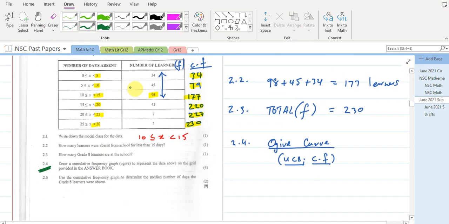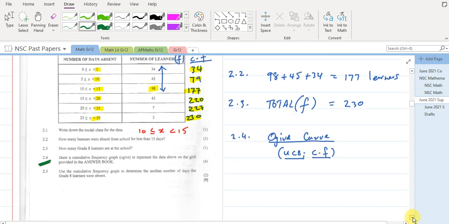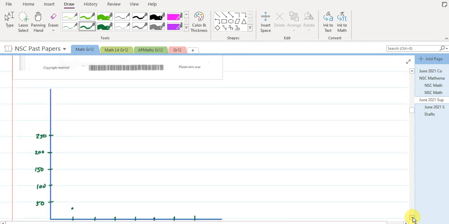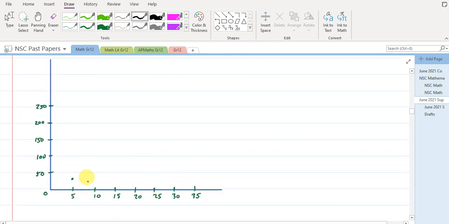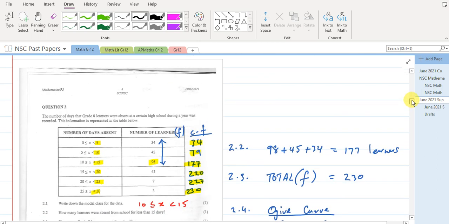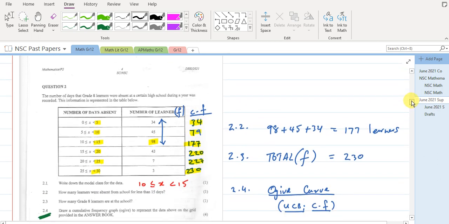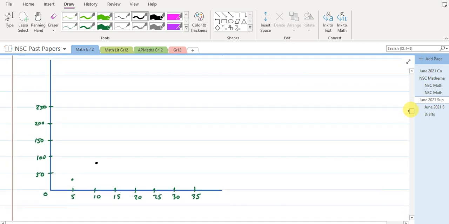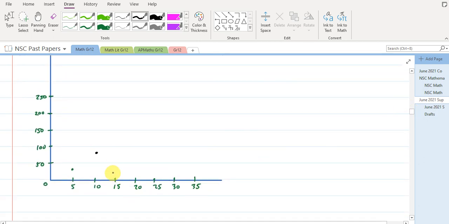The next coordinate should be 15 and 177, that's just above 175 in between. Then 20 and 220, should be around there.